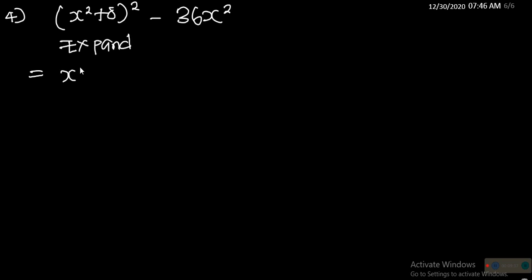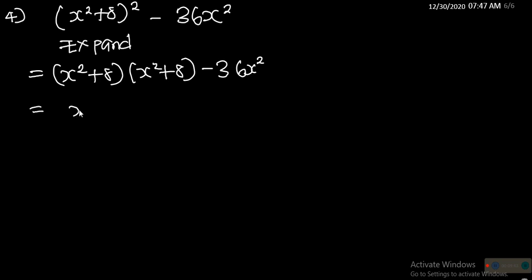So if we expand, we are going to have x squared plus 8 multiplied by x squared plus 8 minus 36x squared. Okay, and opening the bracket will give us x raised to power 4 plus 8x squared plus 8x squared plus 64 minus 36x squared.